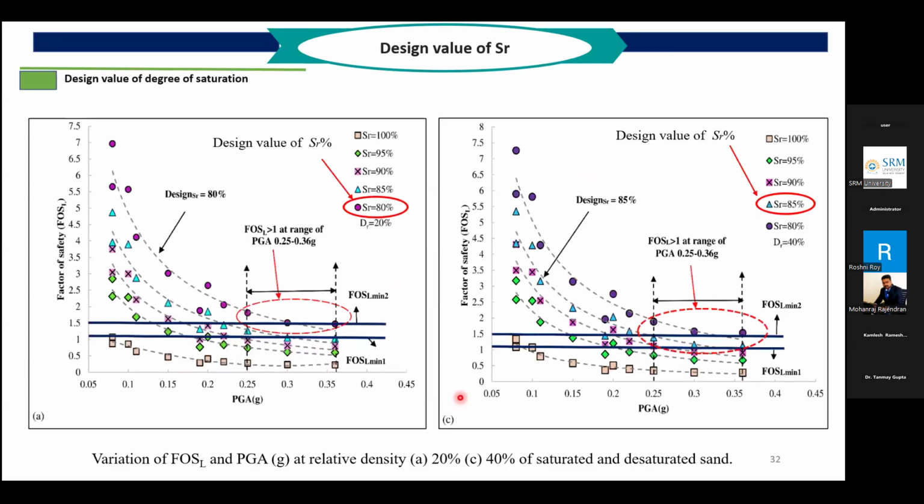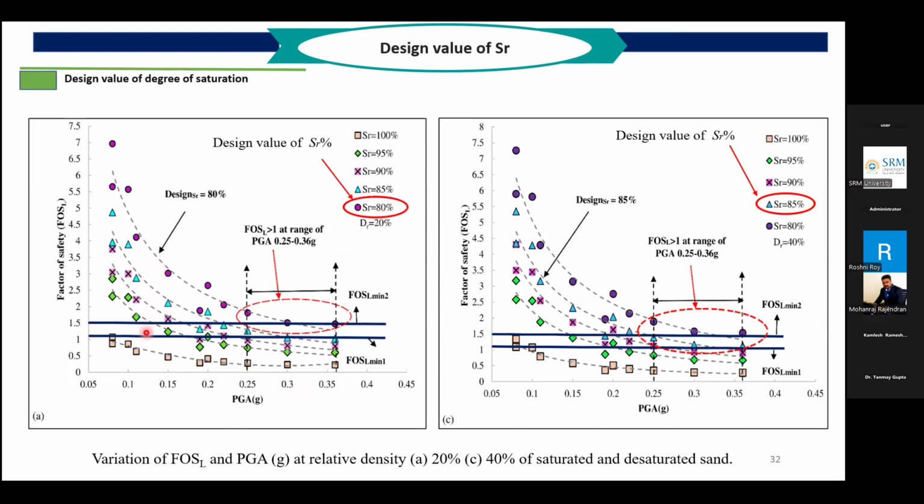The calculated factor of safety was directly related with the peak ground acceleration, and accordingly we brought out the boundaries with respect to PGA, which is a direct measure of the earthquake, for varying degree of saturation.